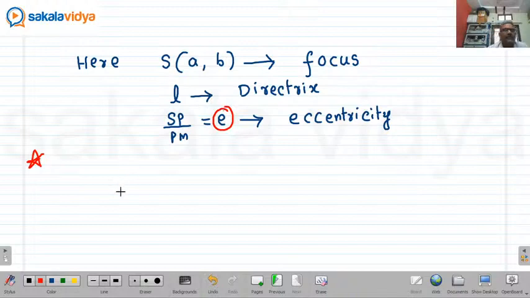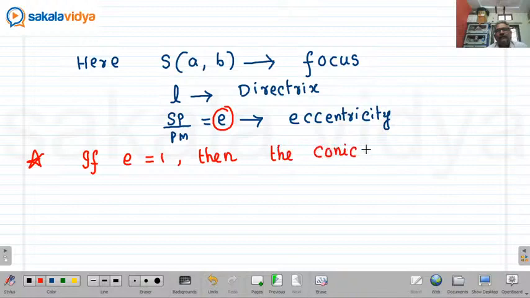Suppose E is equal to 1, that means SP by PM equals 1, SP is equal to PM. Then the conic is called a parabola.